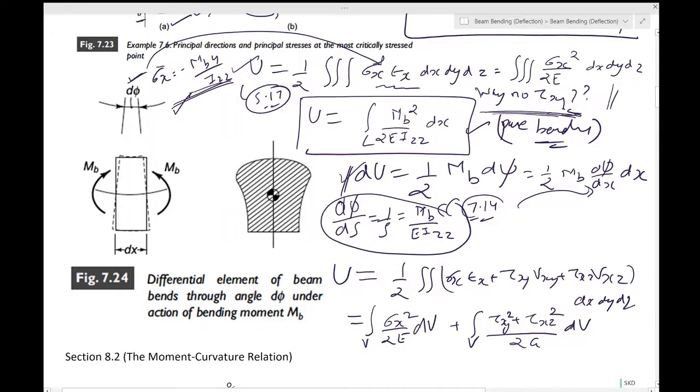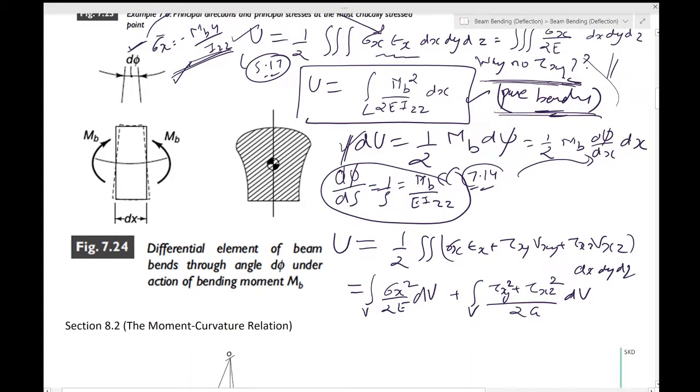So in reality you do take it. This was for pure bending, and that's why we had ignored this, which was the reasoning for Hooke's law in equation 5.17 when we were trying to write it.